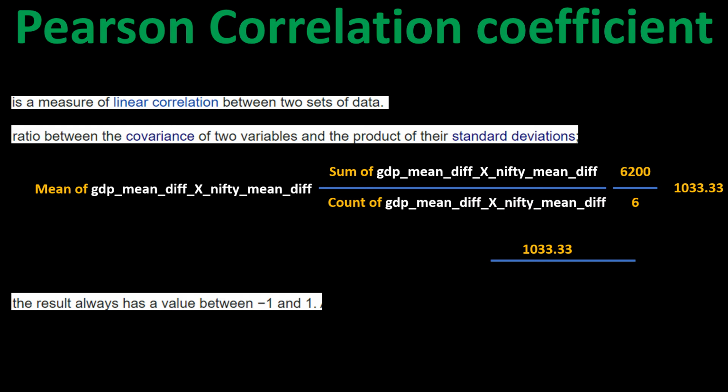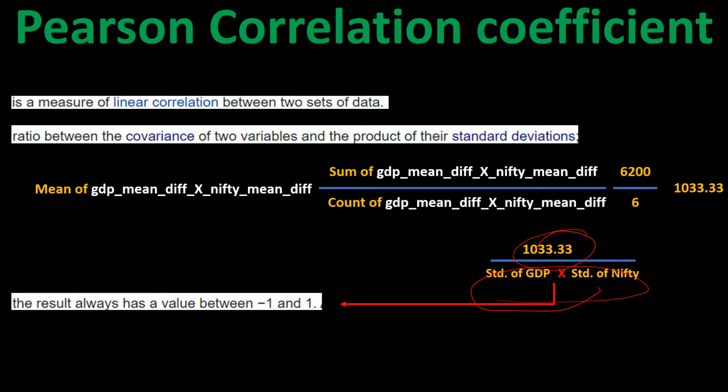Now we take the covariance, then the standard deviation of the first variable, which was GDP, then the standard deviation of the second variable, which is Nifty, and we multiply them together. Whatever we get, we divide the covariance by this product, and the answer you get ranges between -1 and +1.